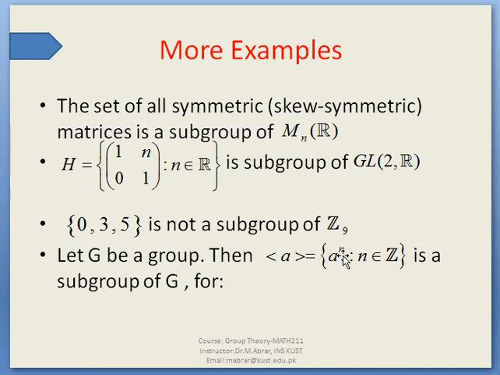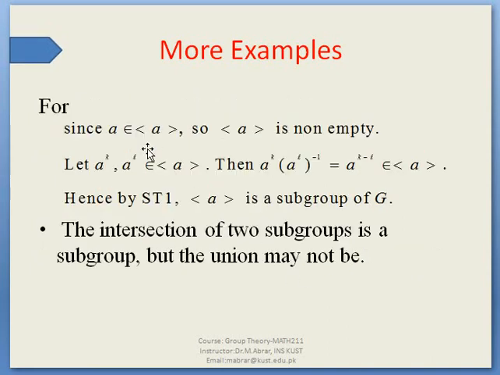It becomes a subgroup. Let's see how. Because a belongs to it, if we take n equal to 1, it's not empty. And if we take two powers and apply ST1, that is the first element times the inverse of the second, this becomes simply a^(k-l), which is actually a power of a and belongs to that set, so we can say it's a subgroup.